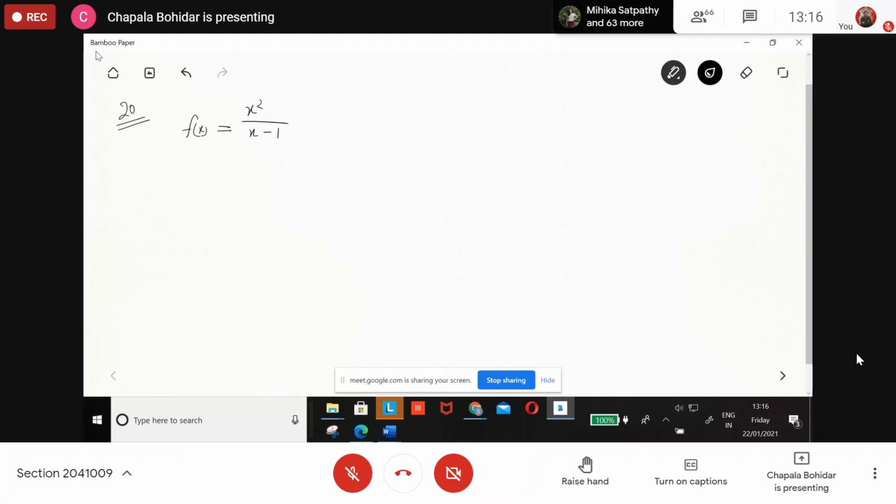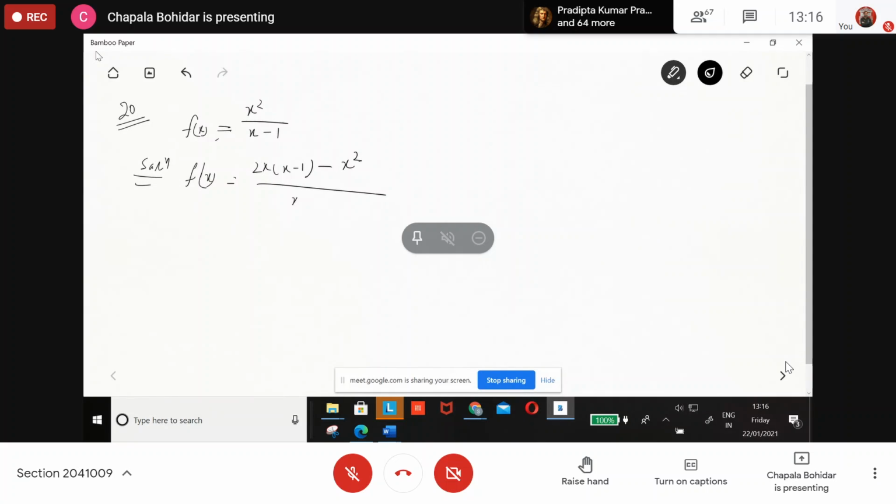So what we'll do, the solution: f dash x is equal to 2x into x minus 1, then minus x square, divided by x minus 1 square. Put it equal to 0.